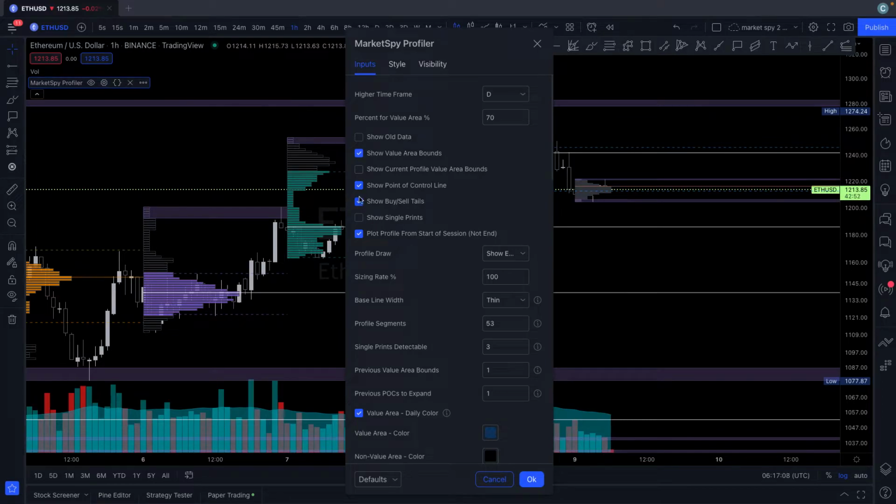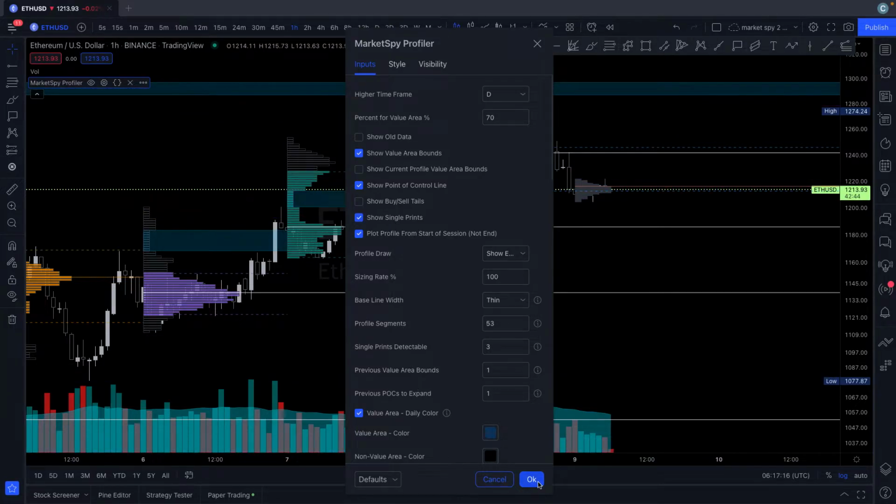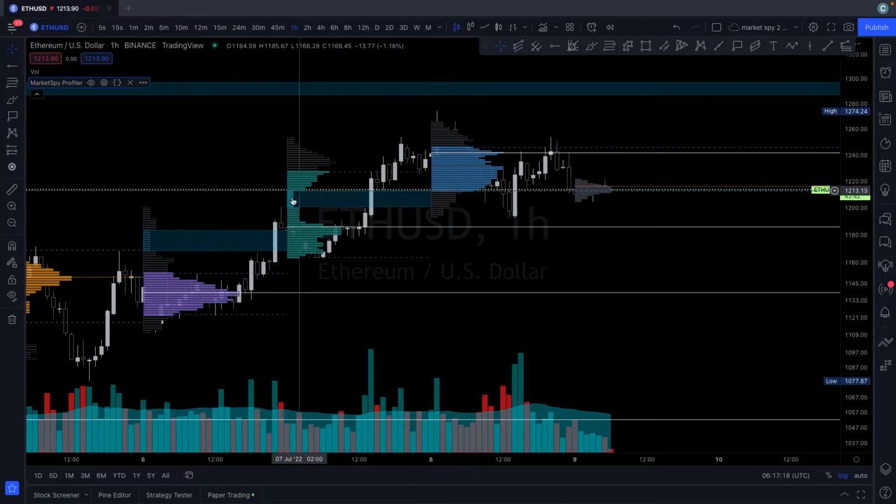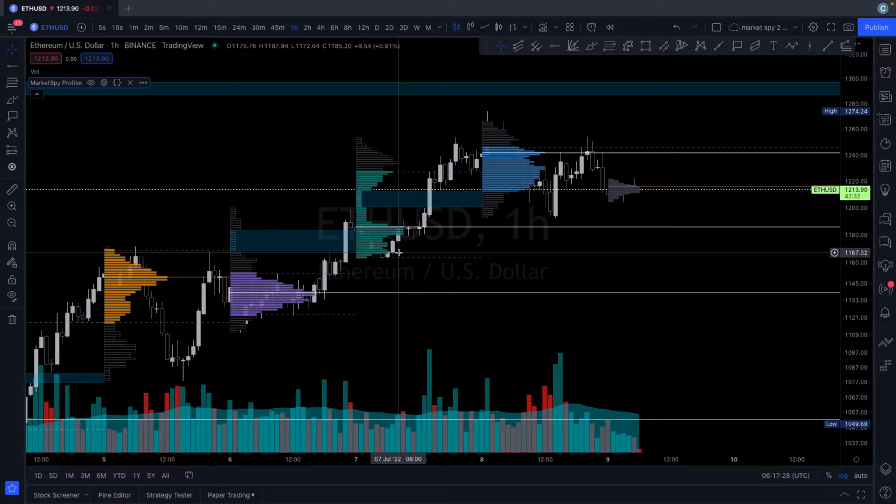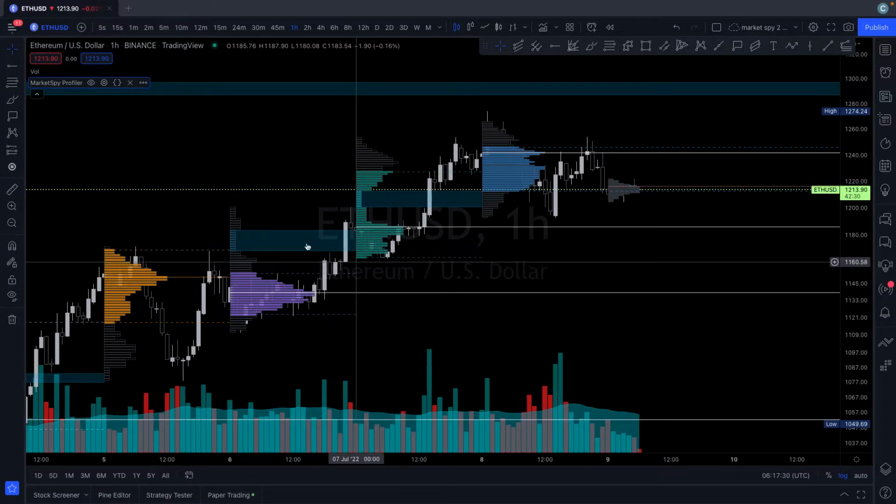Moving on, we're going to show our single prints here. And the single print is going to be this blue box that is going to pop up for you. So as you can see here, these are what's called single prints. And if you know about auction theory, the auction process in the markets needs to be balanced.